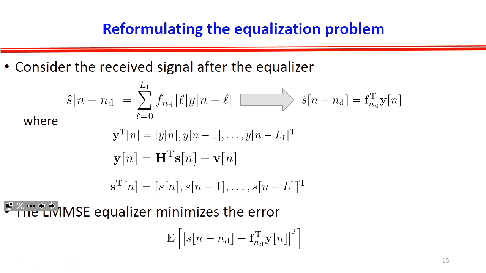What's the received signal? It is the channel convolved with the transmit sequence. So that's why H is a matrix now, which is a convolution matrix. We've seen that, if you remember the structure of the convolution matrix before, the Toeplitz structure, correct. Well done. So it captures the effect of the channel length.